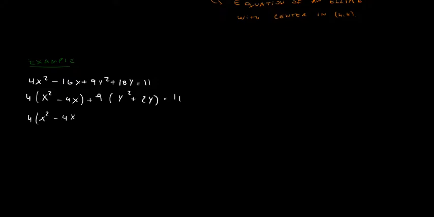adding 4 here. Let's say we add 4. We're actually adding to the whole equation 4 times 4, so we are adding 16. Now on this side, we can also add 16 so the equation sustains. And we have 9 times (y squared plus 2y).